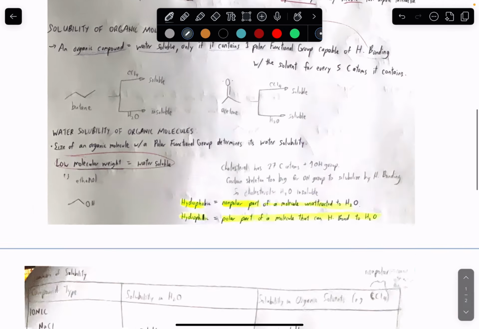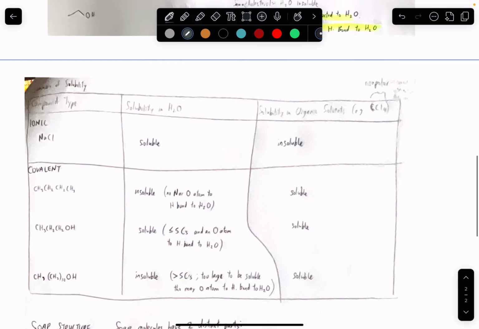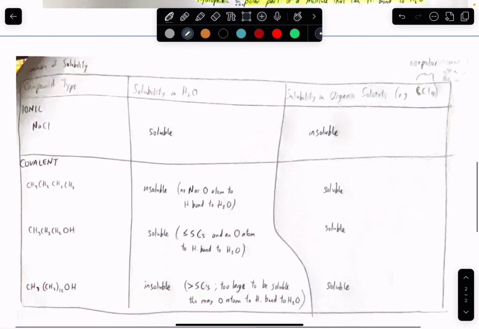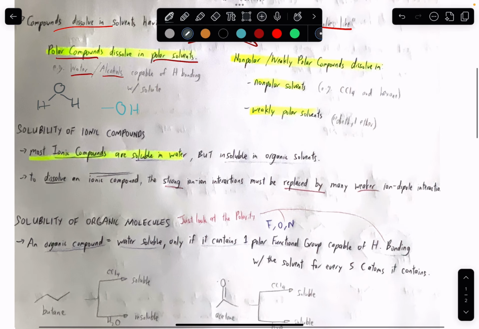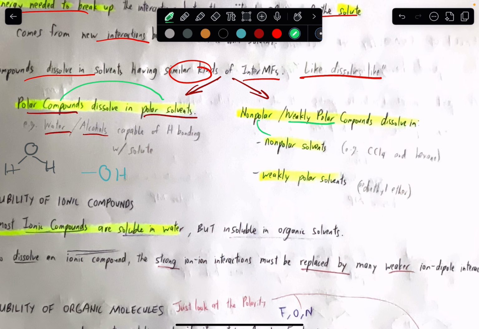So mamaya may summary yan. Actually, it's this one. What I'm saying right now is basically gonna be summarized here. More on that later. So, other one naman, common sense. Kung polar to polar, edi non-polar to non-polar. Meron pa, weakly polar.